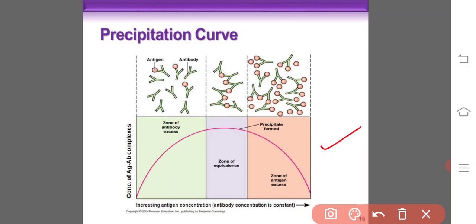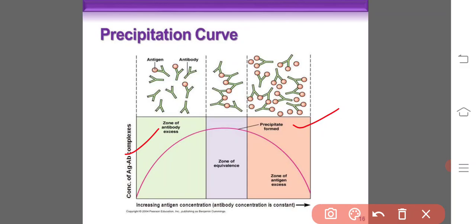That is the zone of equivalence, where the proportion of antigen to antibody is optimal for maximal precipitation. In the zone of antibody excess or antigen excess, the proportions of the reactants do not lead to efficient cross-linking and formation of precipitate.